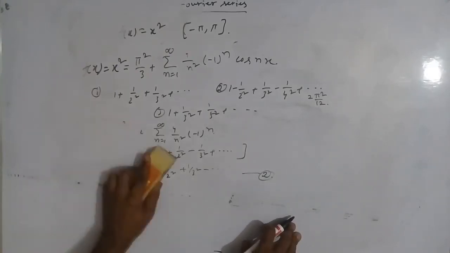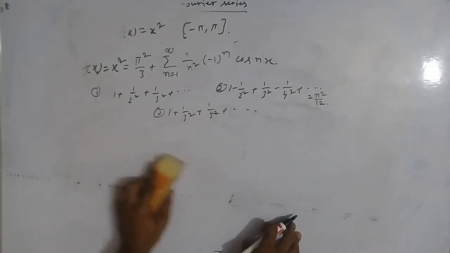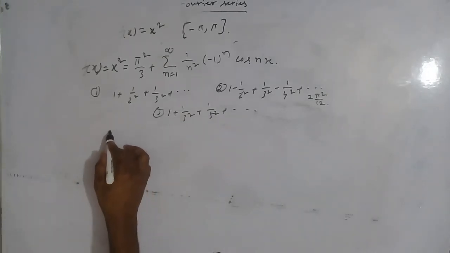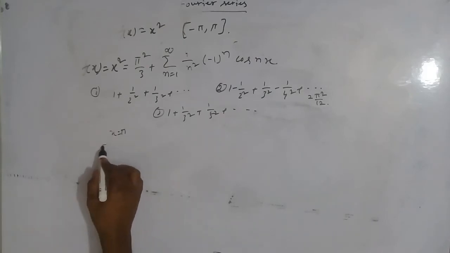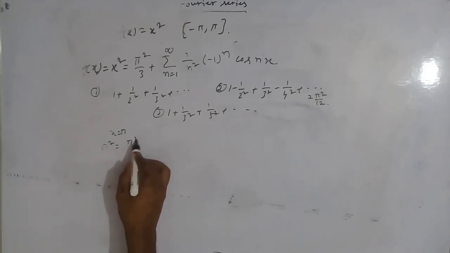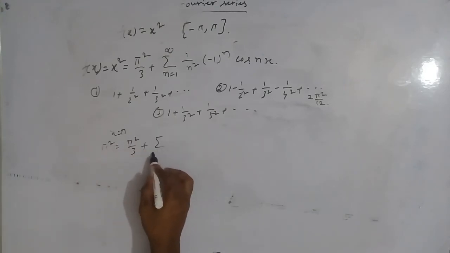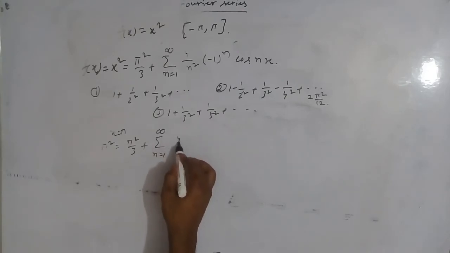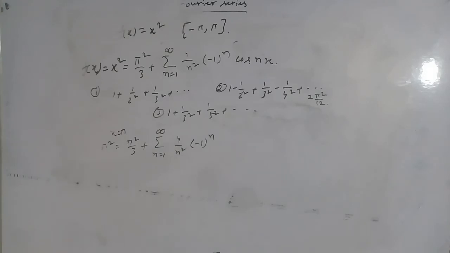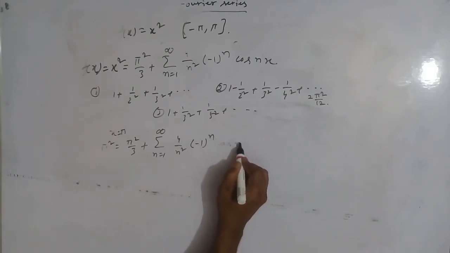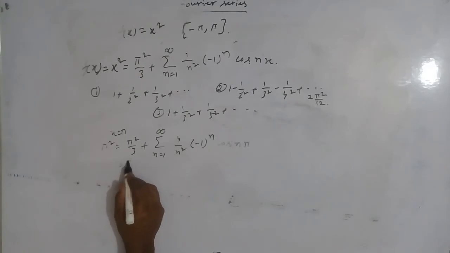Now if we put x equal to pi, then this will be pi square equal to pi square by 3 plus summation n equal to 1 to infinity 4 by n square minus 1 to the power n, and then cos n pi, and that is minus 1 to the power n.